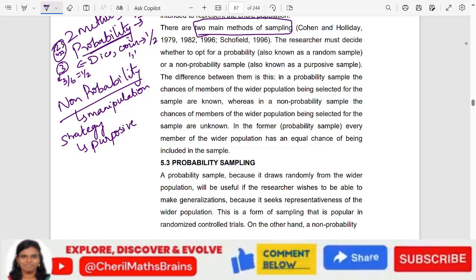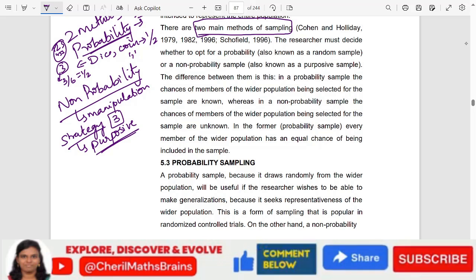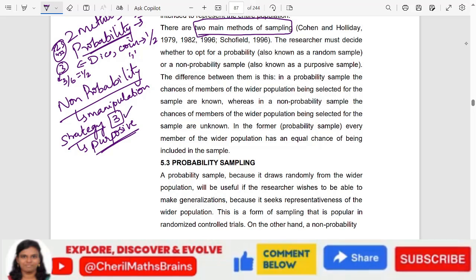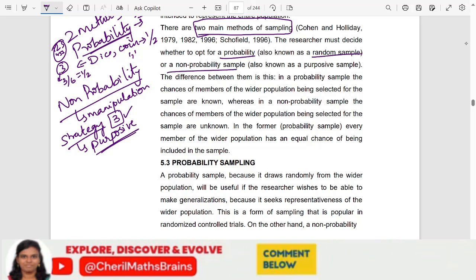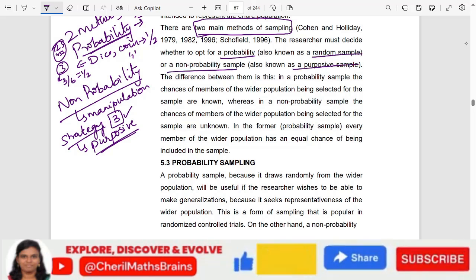Purposive is non-probability. For example, if you roll the dice in a particular fashion, with a particular strategy, so that you will get only 3, then you are doing it with a purpose, the purpose of getting that particular 3. Then it is non-probability sampling. So probability is random sampling and non-probability is purposive sampling.